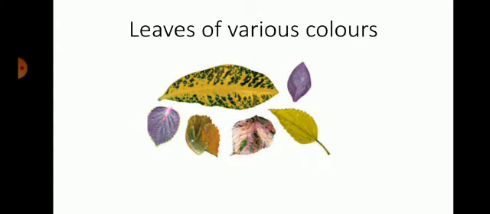Then we go to the next heading: synthesis of plant food other than carbohydrate. Starch or glucose is the simplest form of carbohydrate synthesized by the plant, which is composed of carbon, hydrogen, and oxygen.